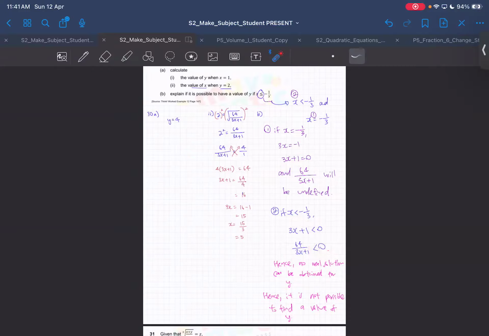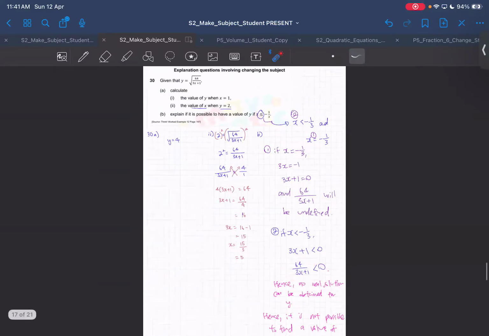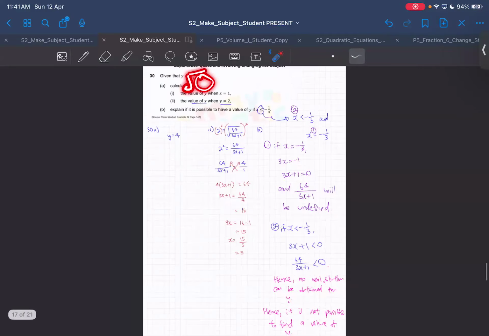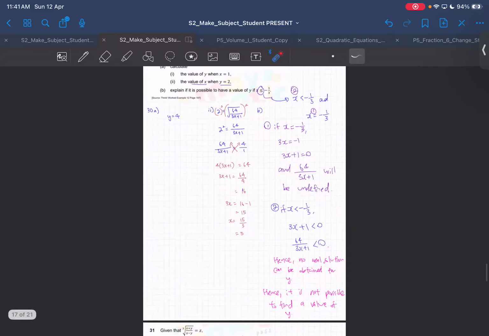So if this whole thing is negative, and I know that my y is square root of this thing, square root of a negative number is error. So that's why there is no solution. Error means no solution, cannot have any solution. So it is not possible for both cases to get any value of y. Can understand? Clear?